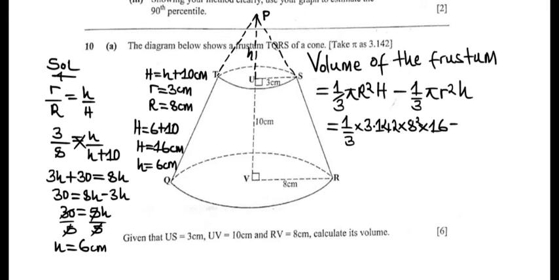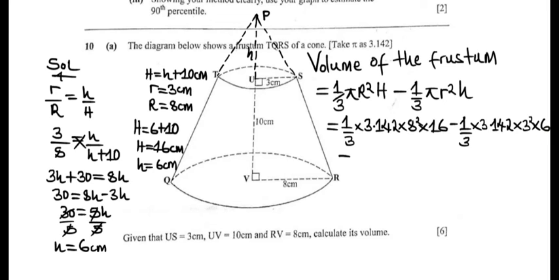Then minus 1/3 times 3.142, times small r squared, so 3 squared, then times small h, which is 6.